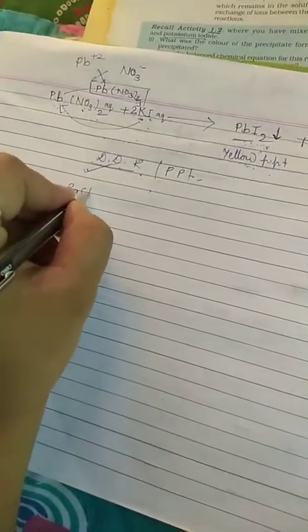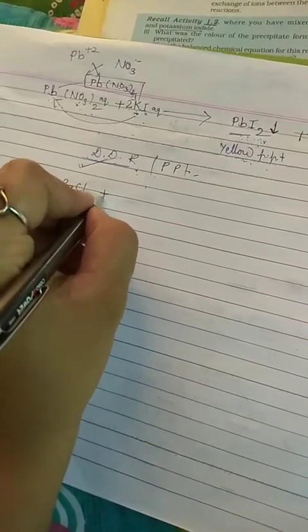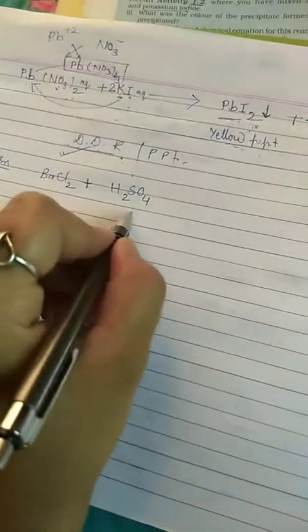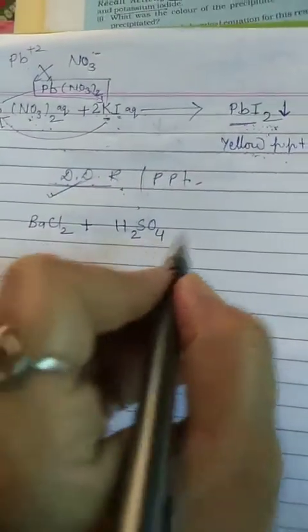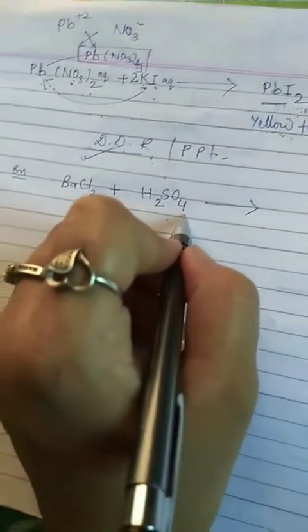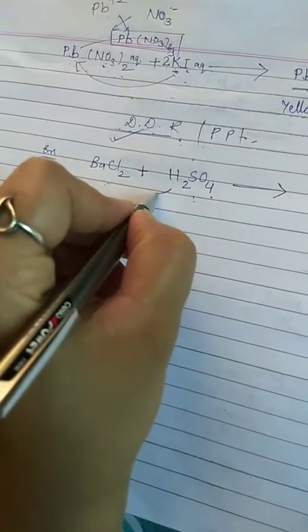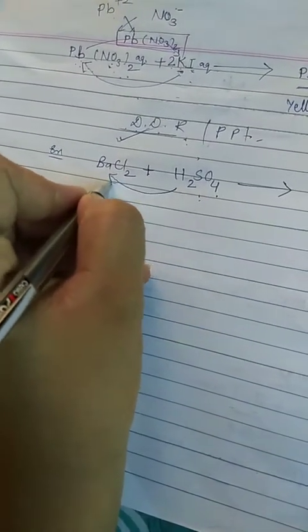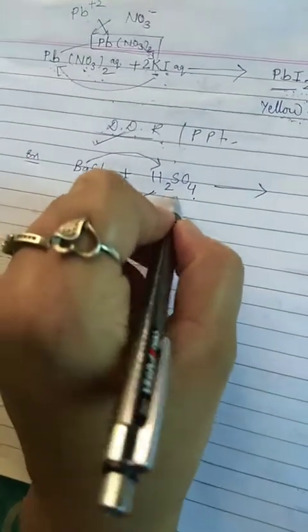For example, when barium chloride reacts with H2SO4, sulfuric acid. What happens? It forms an exchange of ions. Hydrogen replaces the barium, and barium moves toward the sulfate.